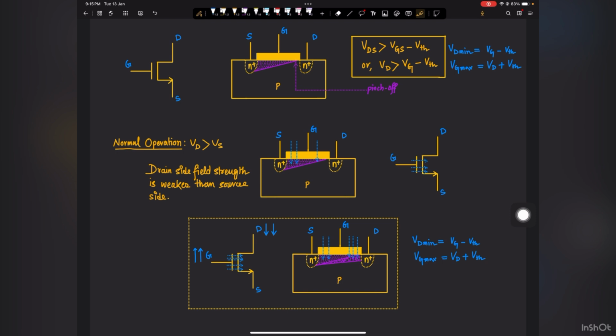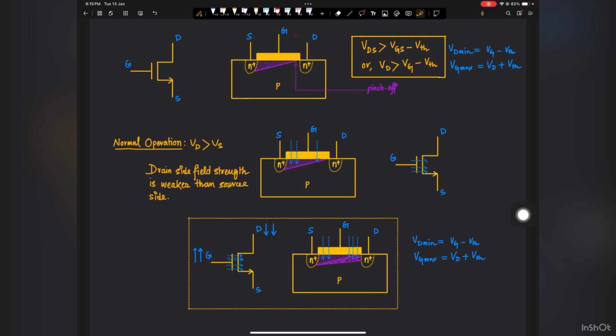Let us understand. So let's say you are increasing the gate potential, what happens? You are basically increasing the field strength in this direction. At that time your drain potential is higher than the source potential, so the difference between the gate and drain potential is smaller than the difference between the gate and source terminal.